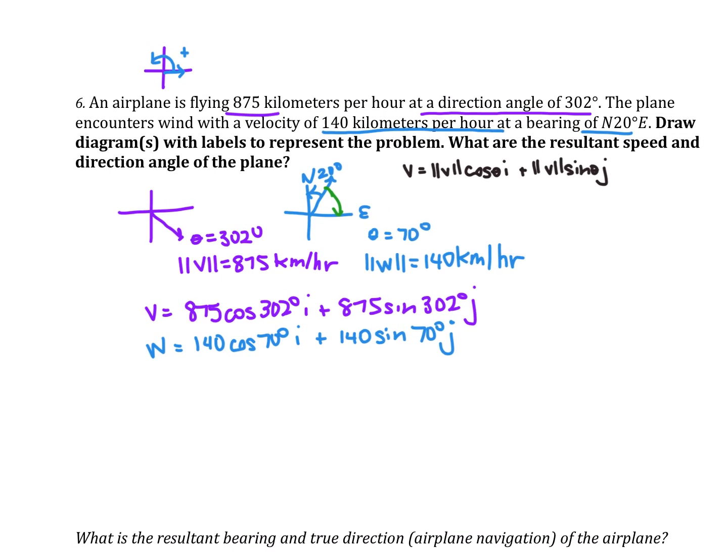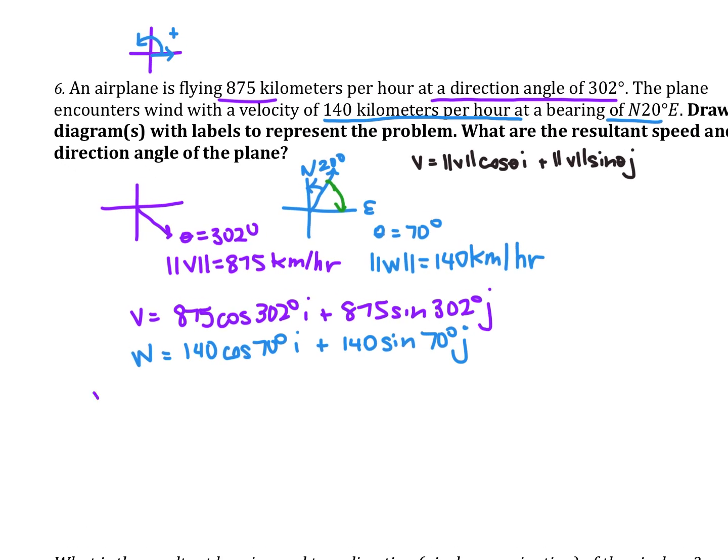So what we want to do is find the resultant vector, so we're going to add V plus W. I'm going to write it in component form and plug it into my calculator. When I do that, I find my horizontal component, adding the cosines together, is approximately 511.56.